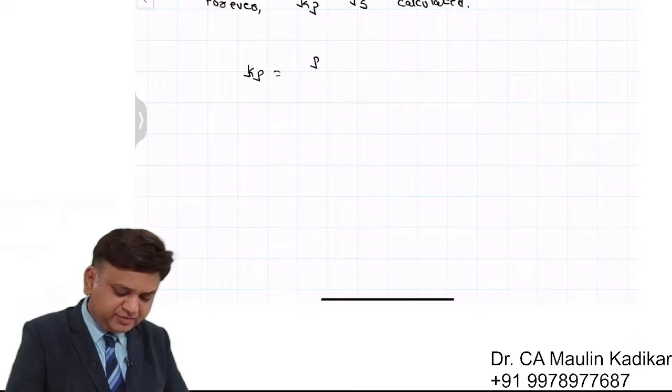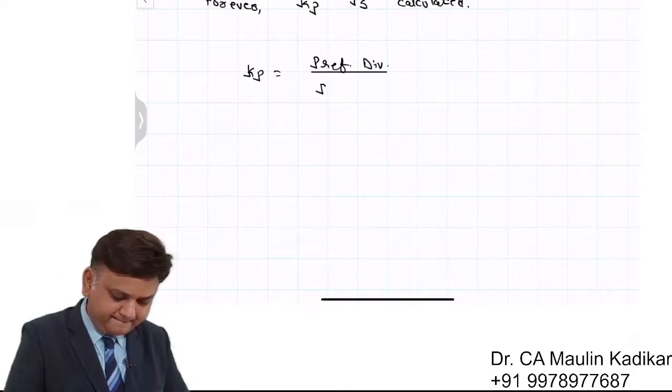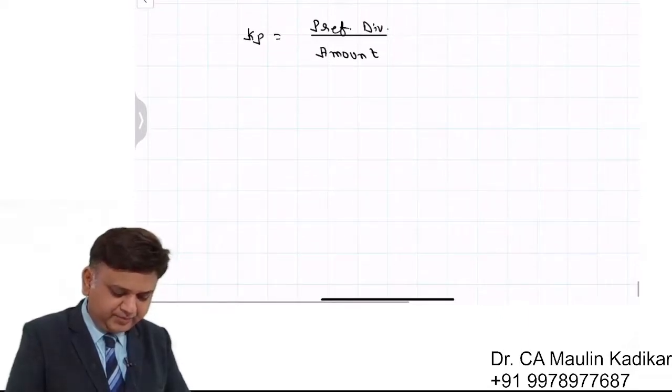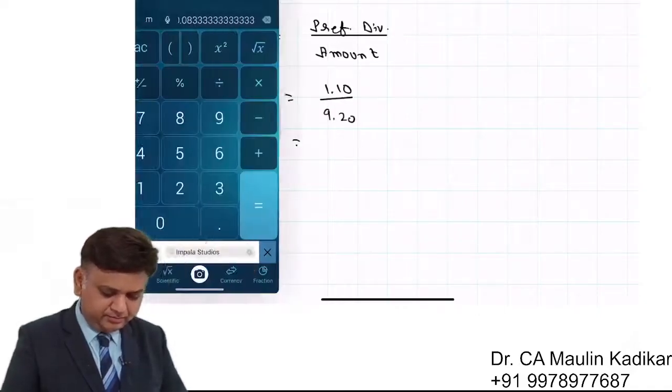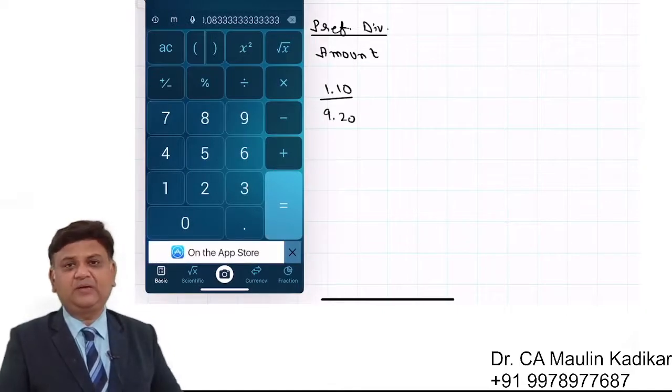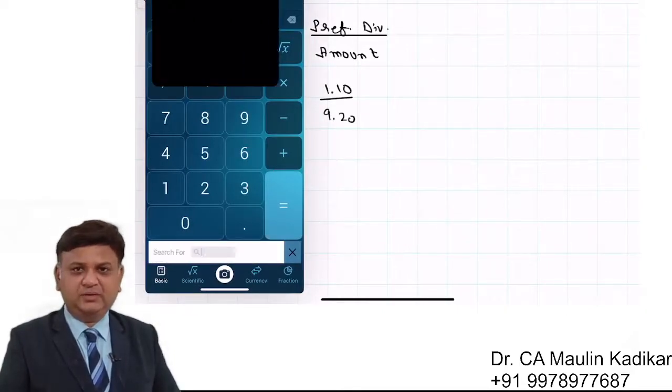So cost of preference share is preference dividend divided by amount. It is 1 rupee 10 paise divided by 9.20. That is the way we'll make the calculation of the cost of preference share.